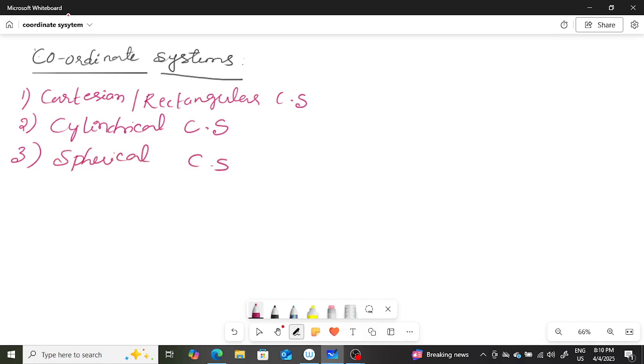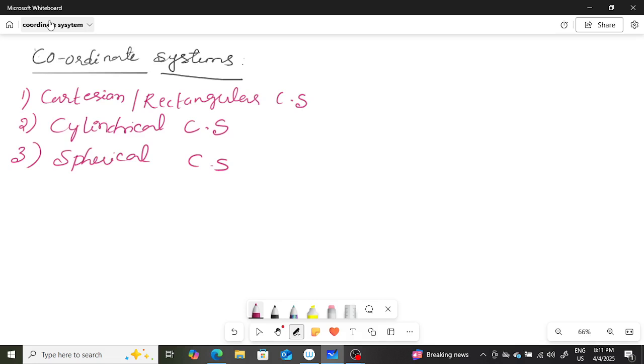One thing in the beginning itself, I want you to understand: I will be taking these coordinate systems only as much as is needed for your problems or for your studies, because it's a vast concept.